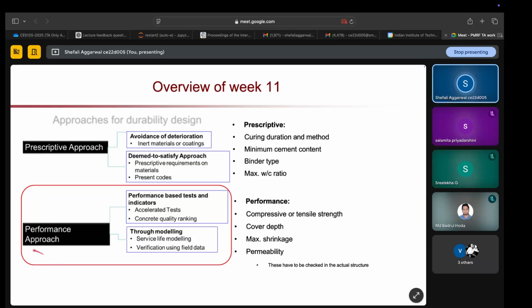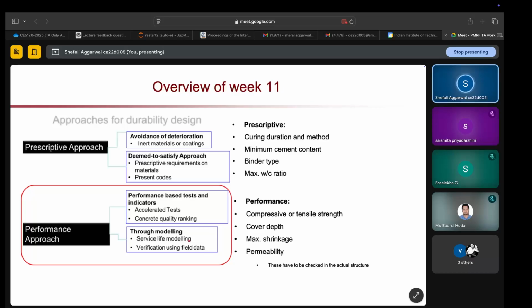All these factors come under the prescriptive approach. Then comes the performance approach. Now you have already constructed your concrete, or your material is fixed. So what can be the performance approach in this case? First is using different types of testing methods in your laboratory and ranking your concrete quality based on those tests and other factors.